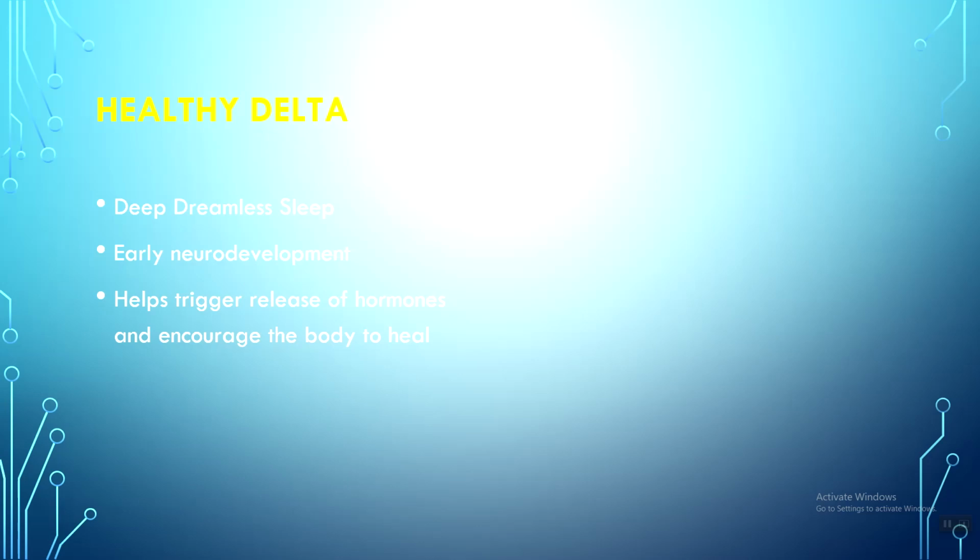It's in slow wave sleep that we're creating new neuronal chemicals, we're synthesizing neuronal proteins, we're regenerating, we're rejuvenating. This is where growth hormone is developed and distributed. And this is also when the body is doing some repair work. So the body is healing, for all intents and purposes, when we're creating delta in sleep.